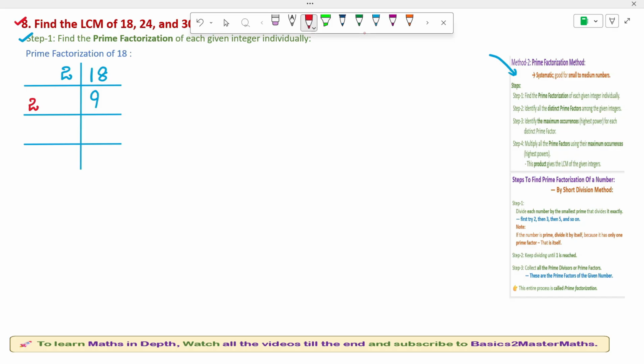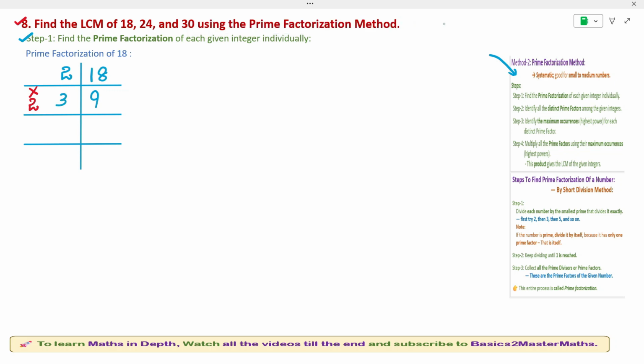Since 2 does not divide 9 exactly, move to the next smallest prime 3. Since 3 divides 9 exactly, we get 3.